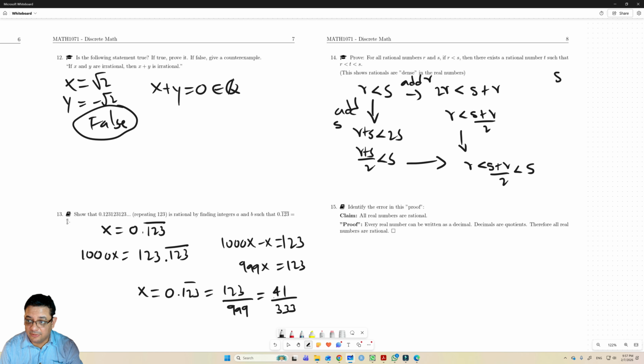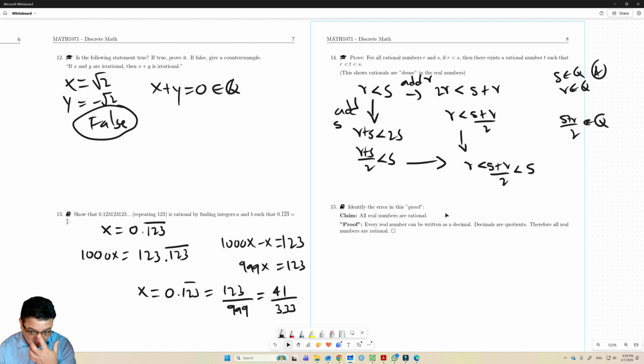But because x is irrational and r is rational from the assumptions, then x plus r over 2 is actually going to be irrational. And so with this, you can prove that there's another irrational in the middle, and this is the idea of density, which shows that between two numbers, there's always going to be another one in the middle.